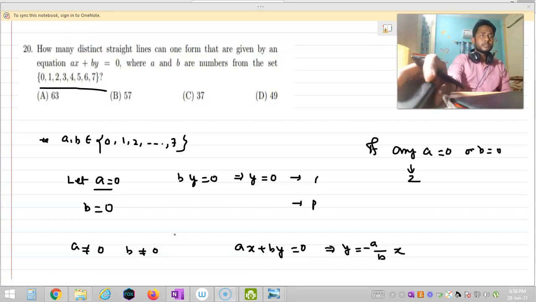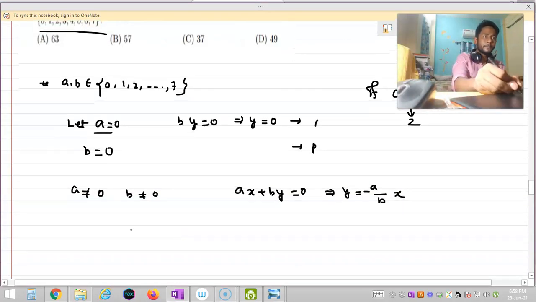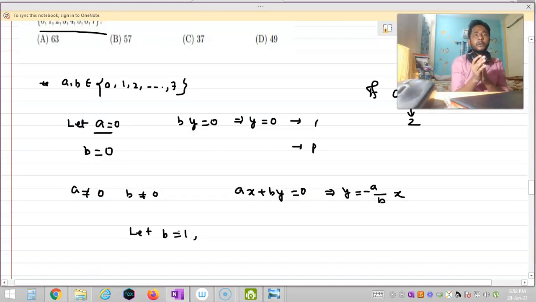Let us consider b equal to 1. If b equals 1, I can choose a from 1 to 7. There are 7 numbers, so there are 7 possibilities if b equals 1.